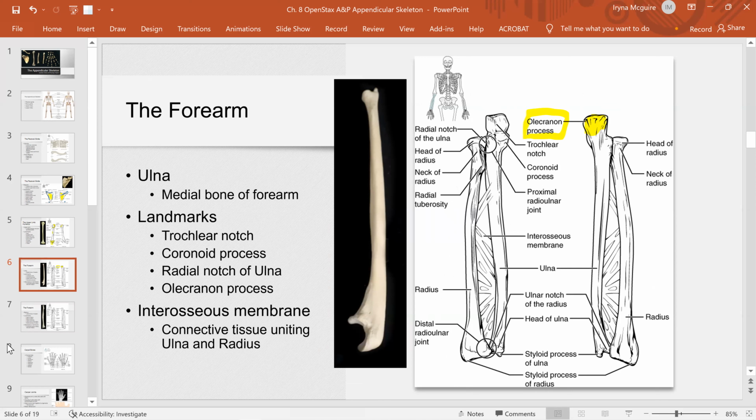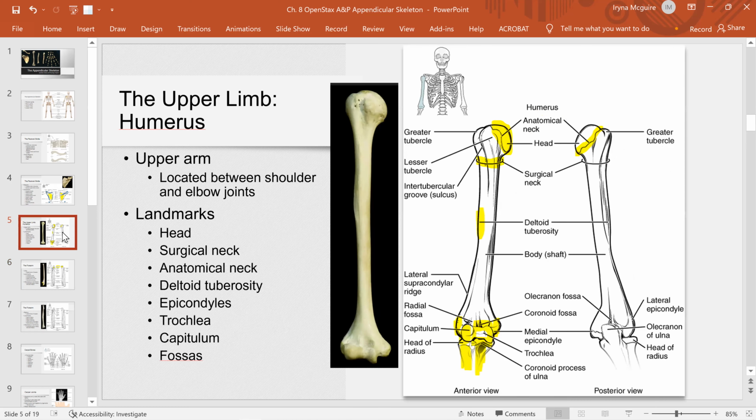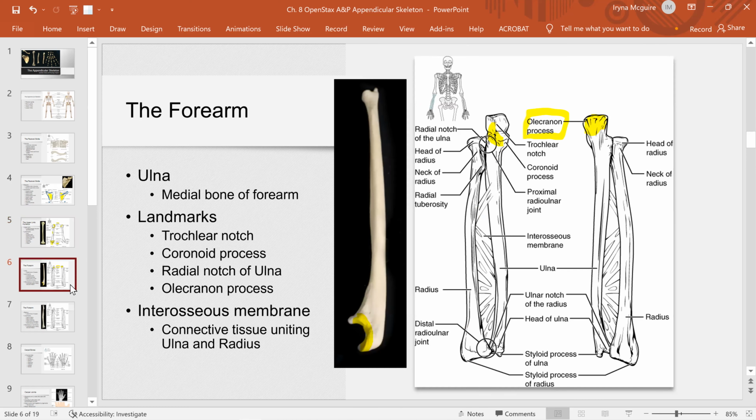It has the trochlear notch. I already told you about it. This trochlear notch right there, or over here, articulates with the trochlea of the humerus. So if you look at the previous slide that we just covered, you see that's a trochlea, but this is the trochlear notch, and the trochlea of the humerus is a bony structure that is going to fit inside this trochlear notch.